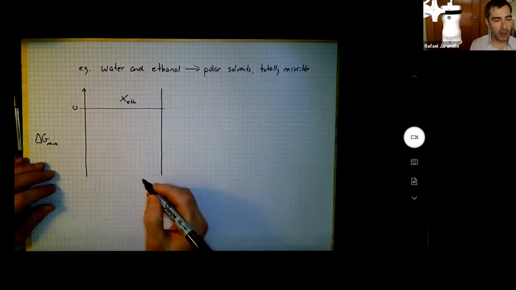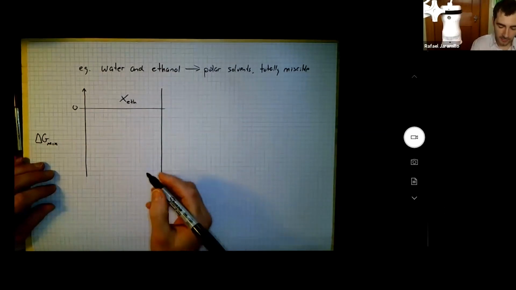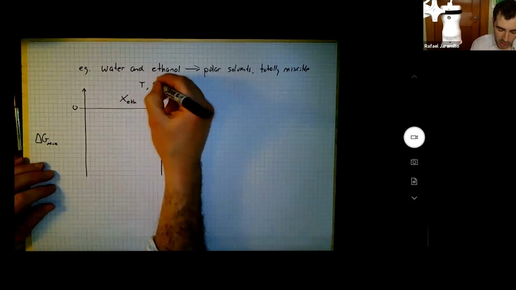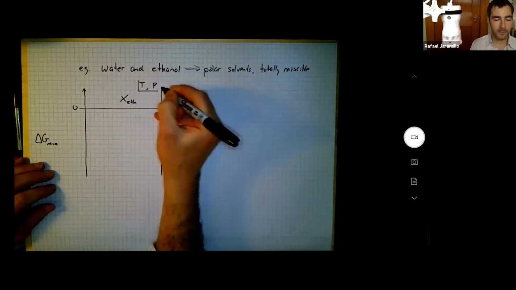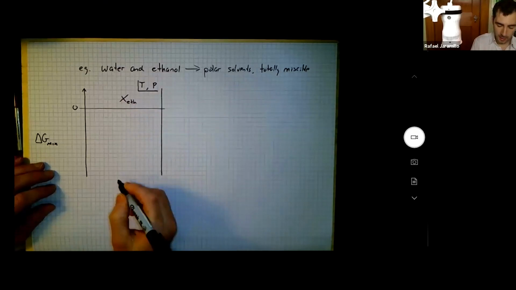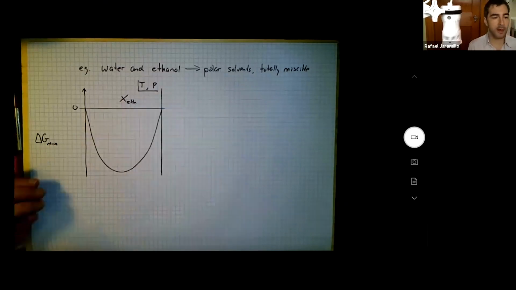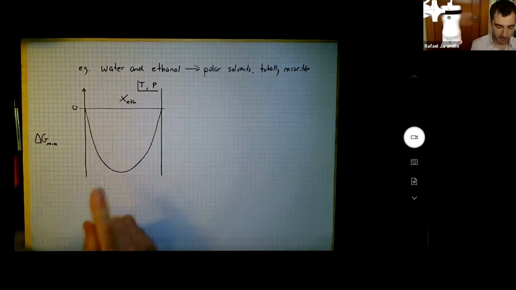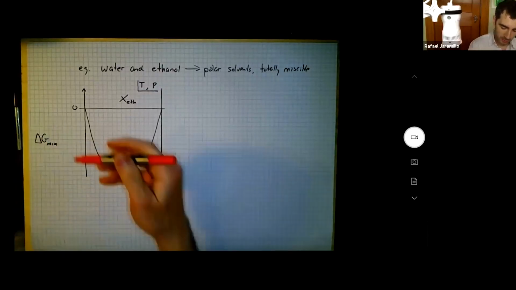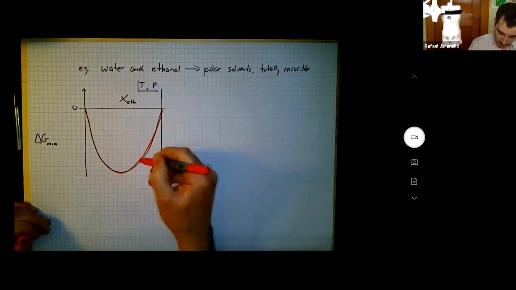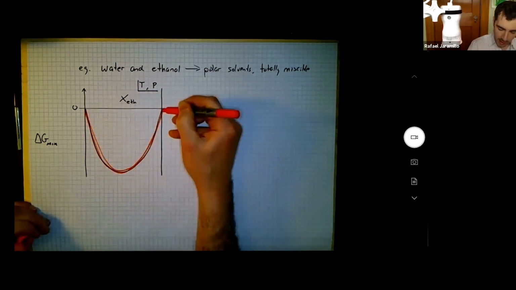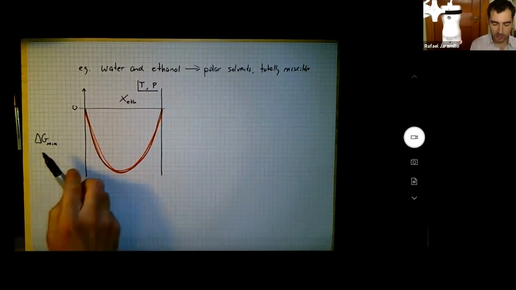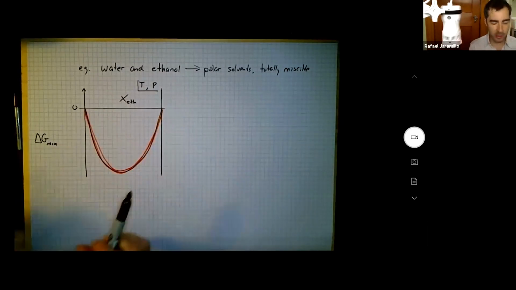So if mixing will happen spontaneously at a given temperature and a given pressure, what that means is that the Gibbs free energy of mixing is strictly negative. Not only that, it also means that the curvature is positive, but we won't mess with that now. Just sort of draw over that there in red to make it a little more clear. So there's my free energy of mixing. Now, in the next couple of lectures, we'll start developing functional forms for this, but we're not going to do that now. We're just going to look at this.